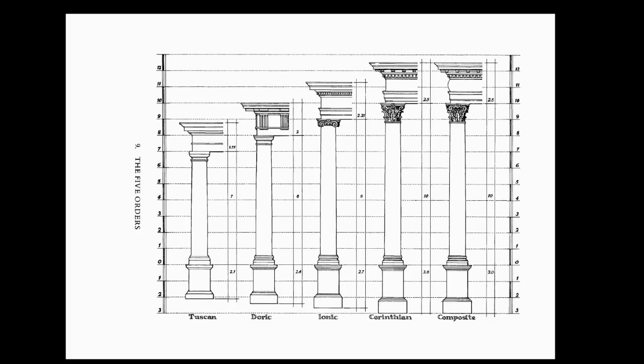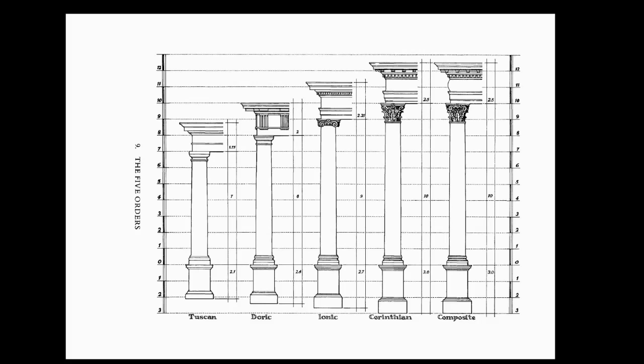So the Doric one in the middle has a proportion of 1 to 8. The diameter of the column is seen as 1, and then it has a height of 8, and the matching entablature with this metope and triglyph frieze. And here you see the proportions. The Ionic column has these volutes on the capital, and the matching design also of the entablature.